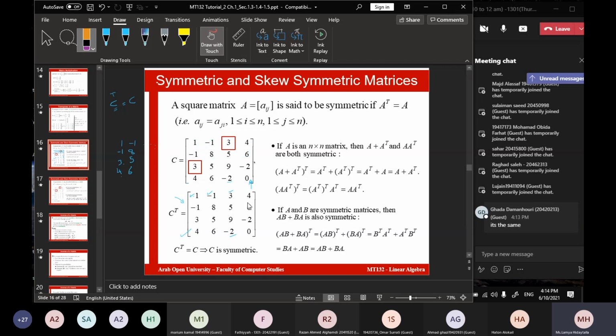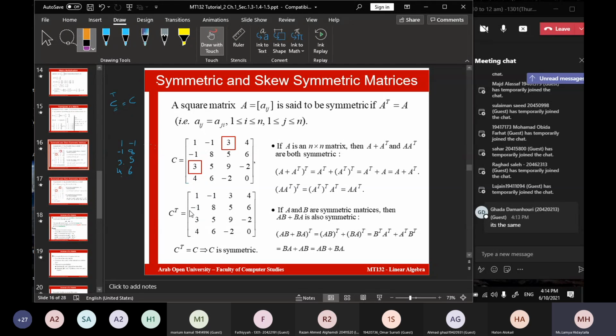Clear? So when you find the transpose of the matrix, the new matrix is the same as the old one, so we say that the matrix is symmetric. And if you are asked to prove that this matrix is symmetric, just find its transpose. And if you reach the same answer, then you are done.